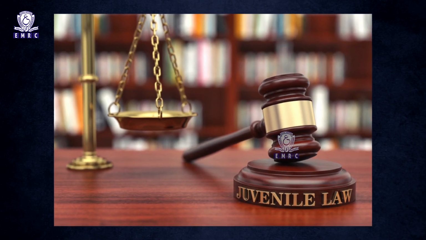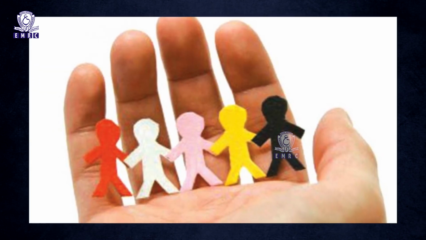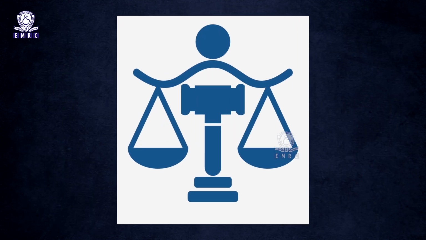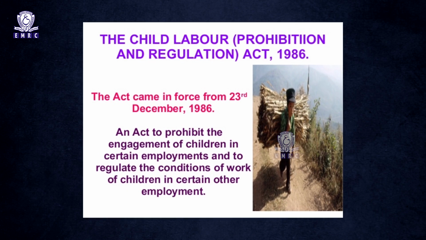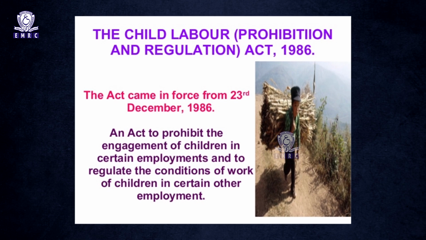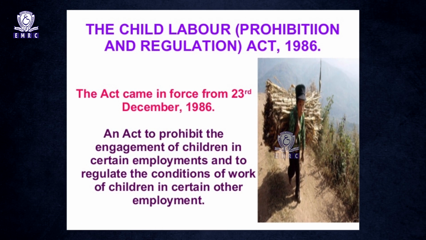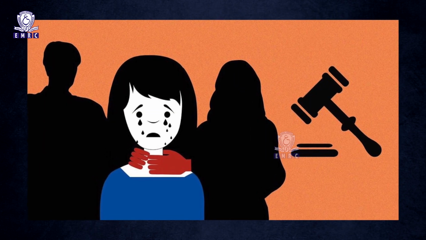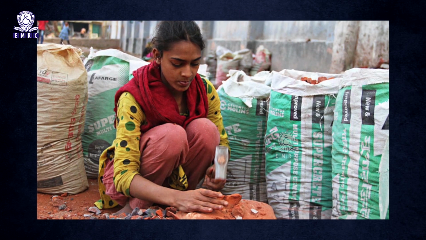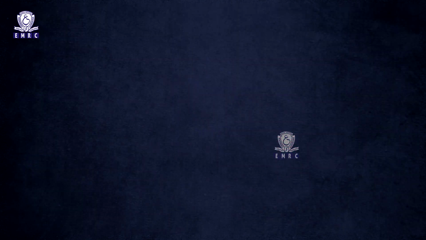In addition to the constitutional prohibition of child labor, various laws in India such as the Juvenile Justice Care and Protection of Children Act 2000 and the Child Labor Prohibition and Abolition Act 1986 provide a basis in law to identify, prosecute and stop child labor in India.